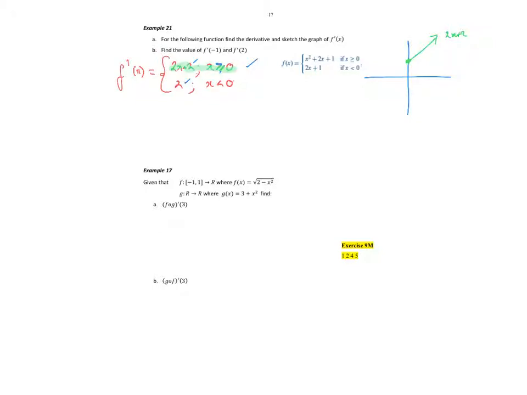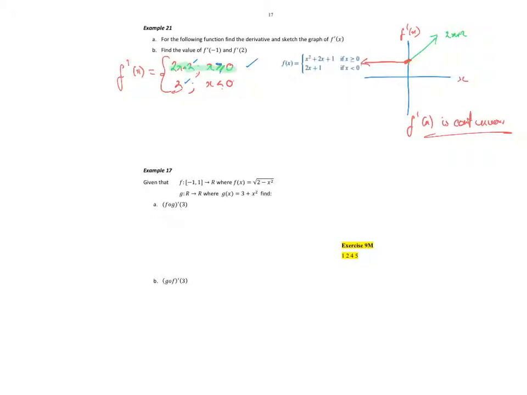It says at x less than 0, the derivative is equal to 2, which is there. Now notice the graph joins smoothly. Actually, it's not smoothly, it just joins, because it's connected. So we can say f dash of x is continuous, can't we? And because it's continuous, that means it's defined at that point.